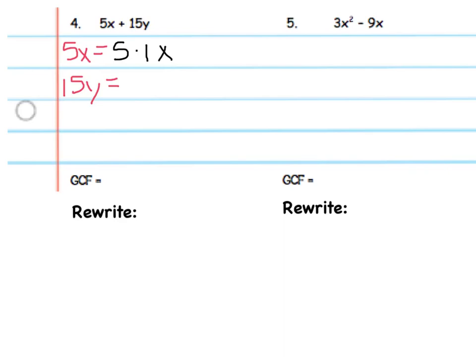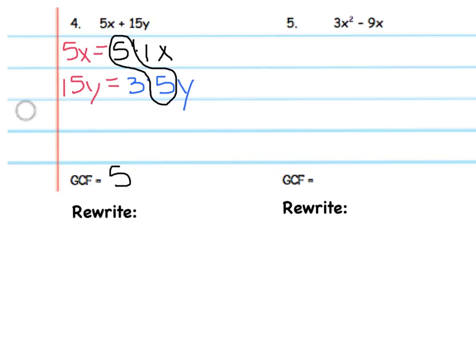What are numbers that multiply to 15? 3 times 5, and I have a y. So let's circle what they have in common. And we can see that they have the number 5 in common. Is that it? Yes. So therefore the GCF is 5.